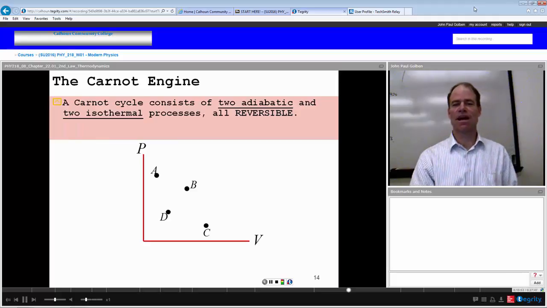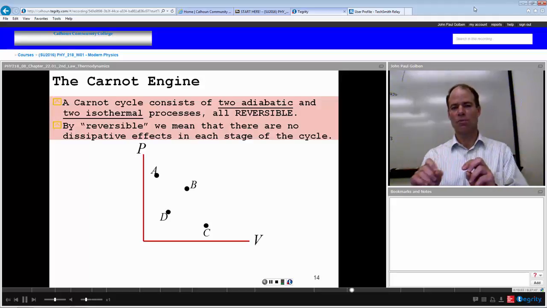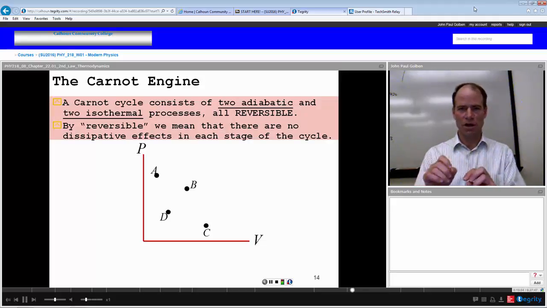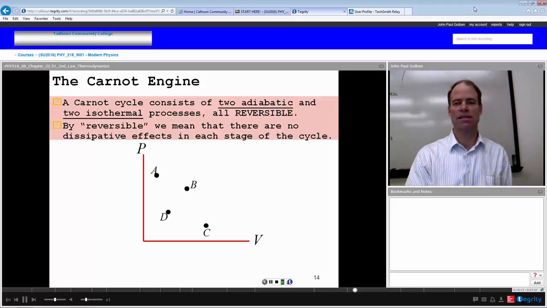Here's the design of the Carnot engine. We have two adiabatic and two isothermal processes, all of them reversible in a quasi-static way. So you go to one point, establish equilibrium. You could also go back if you wish, but continue through these processes. By reversible, there are no dissipative effects in each stage of the cycle.